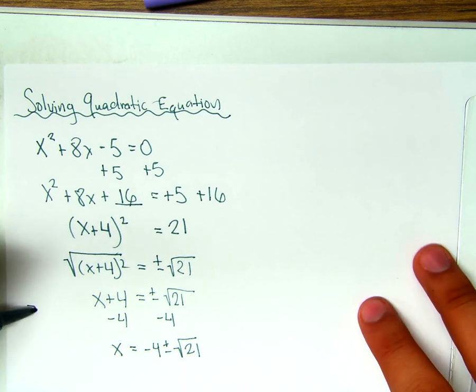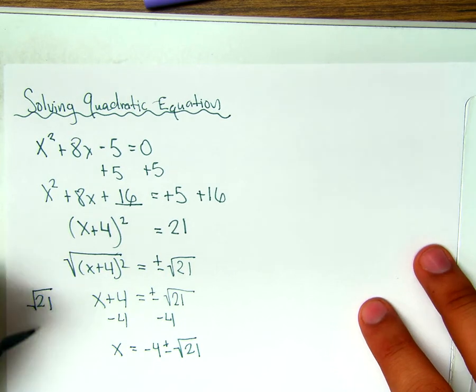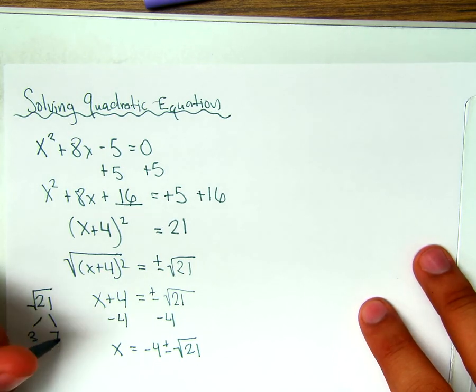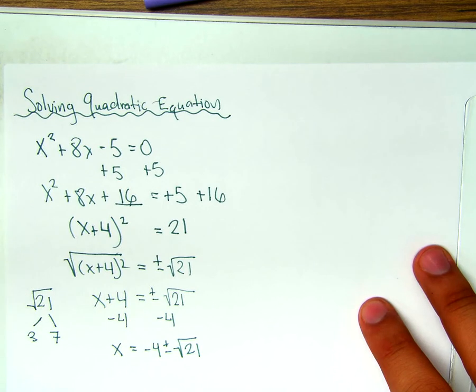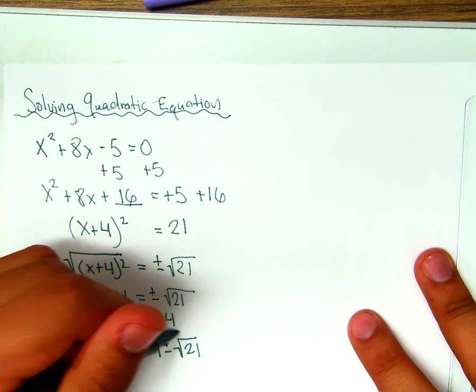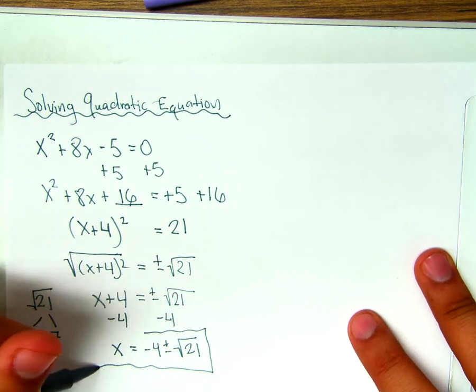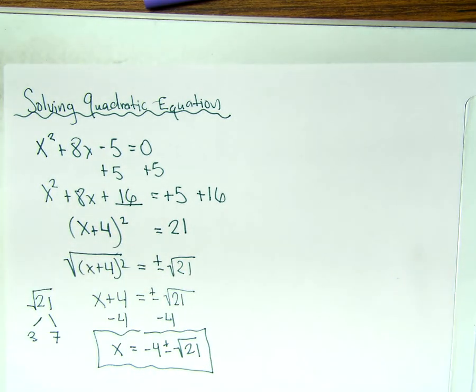So if we do the factor tree over here to the side as scratch work, what are the factors of 21? 3 and 7. Can we break the 7 up? Do we have a pair? No, so we just leave it. Okay? So this is our answer. That is our answer.